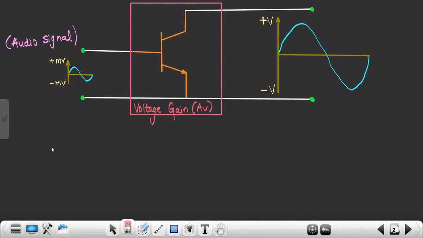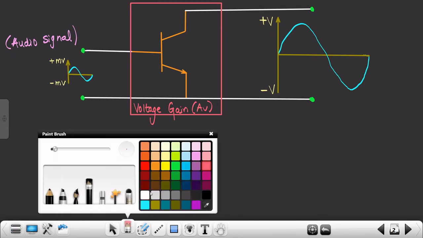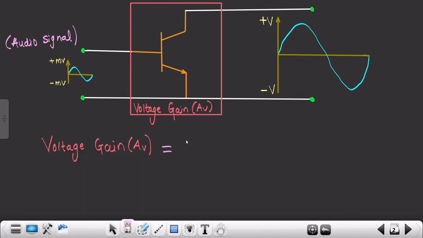So what is the formula of voltage gain? What is your gain exactly? It is denoted by AV, and it is equivalent to V out divided by V in.